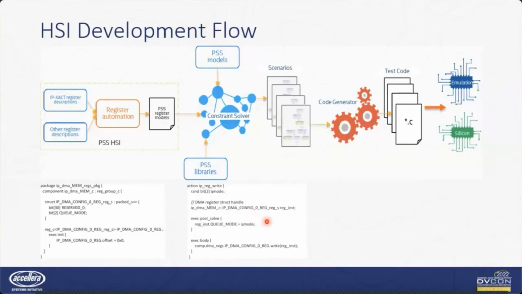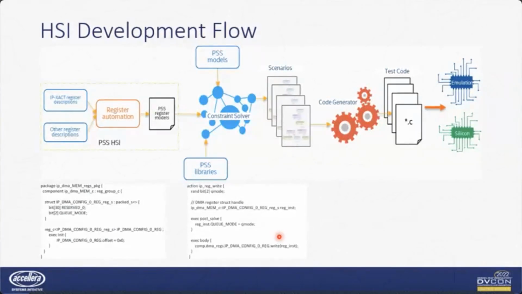So here we have an instance of the register struct, and we update the field with the randomized value in post solve. Now in the exec body, we are basically using the HSI write function and passing the instance of the register. Now instead of write, you can also use write val function if you want to write to the entire register. And in this case, you can, let's say, pass a 32-bit value instead of the struct instance.